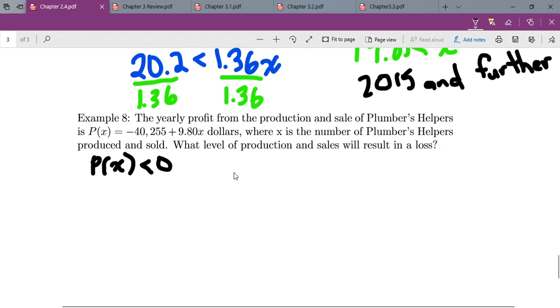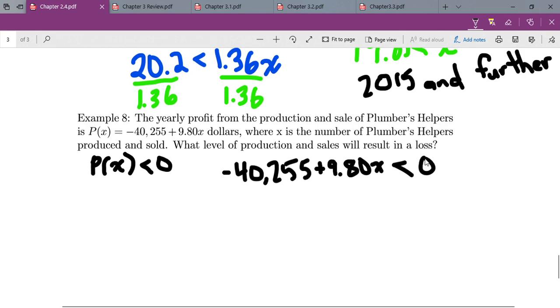So essentially what we're going to do here is negative 40,255 plus $9.80 times X is less than 0 because we're resulting in a loss here. So what we're going to do, we're going to add this 40,255 to both sides.